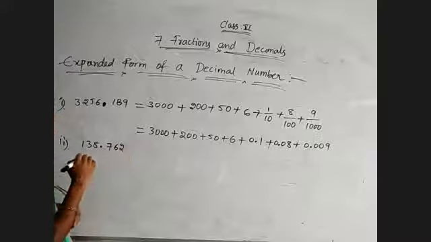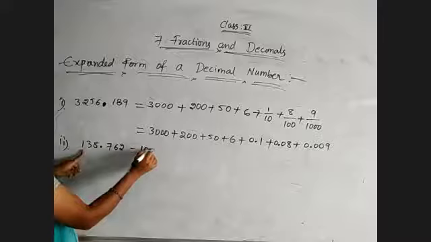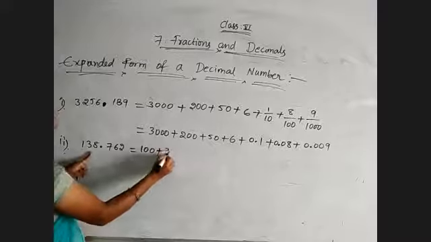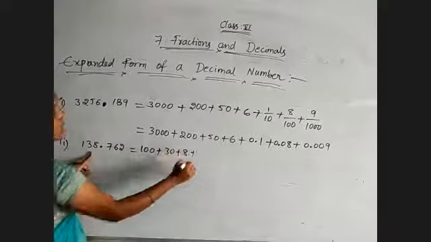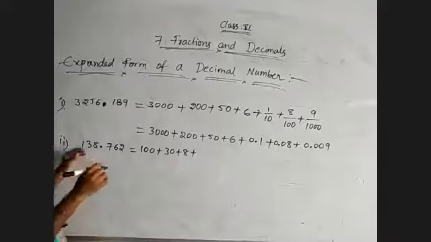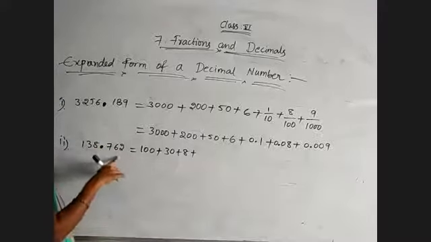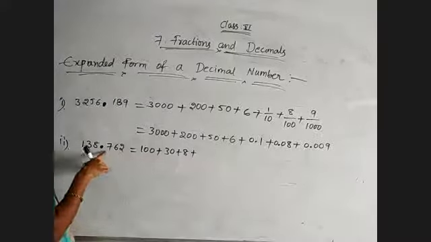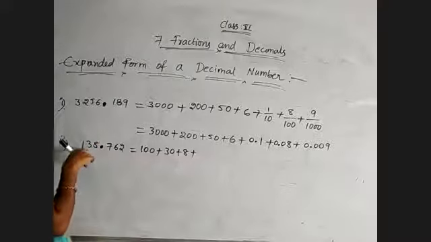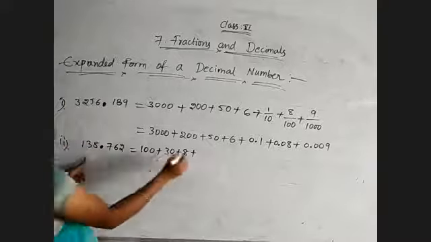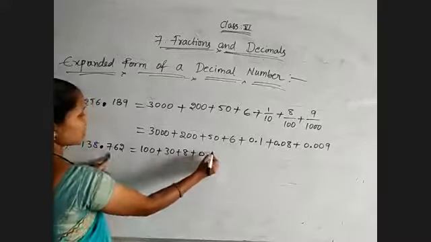If I have a number 138.762, just observe this. 1 is in the hundreds place, so 100 plus 30 plus 8 plus. In decimal notation I am writing, because from 7 onwards it is the decimal portion. For a decimal portion, the whole number part will become 0. 0 point, the first digit is 7.